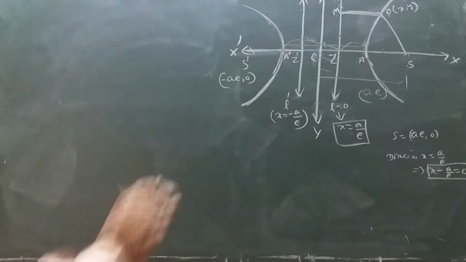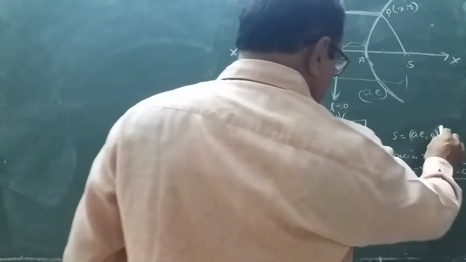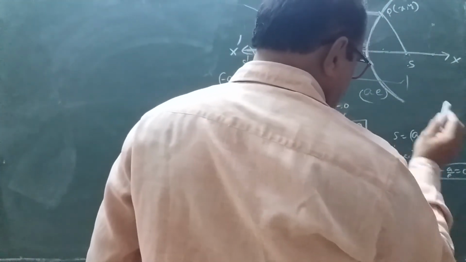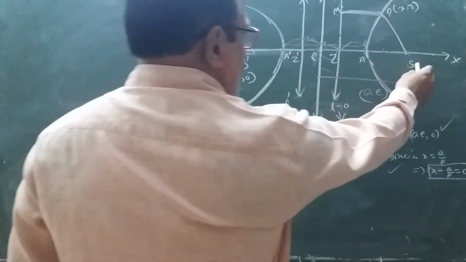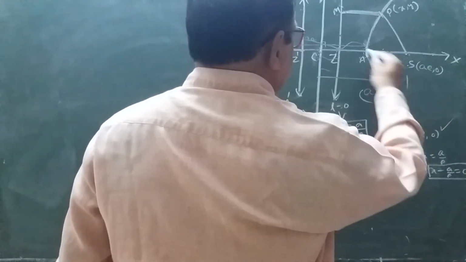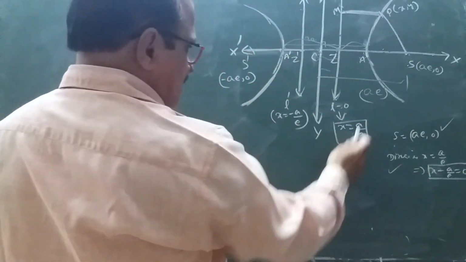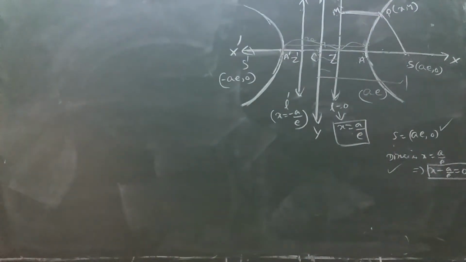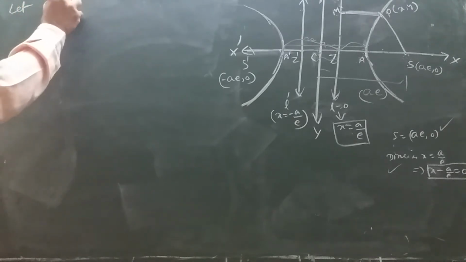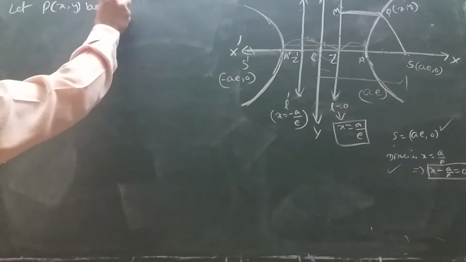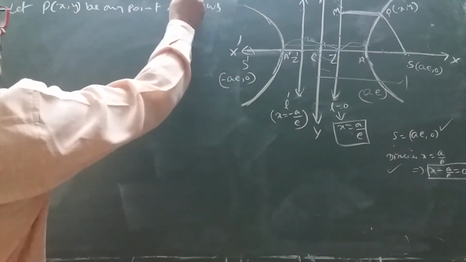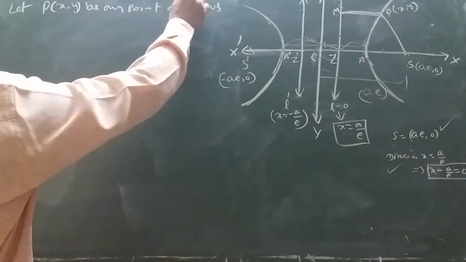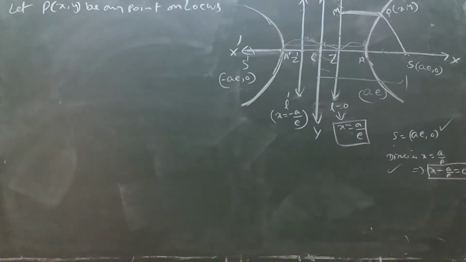Okay, now we have known two things: the coordinates of focus and the equation of directrix. We already know this is AE comma 0. The equation of this one is x is equal to A by E. By using that, let P x comma y be any point on the locus, then it should satisfy the condition.